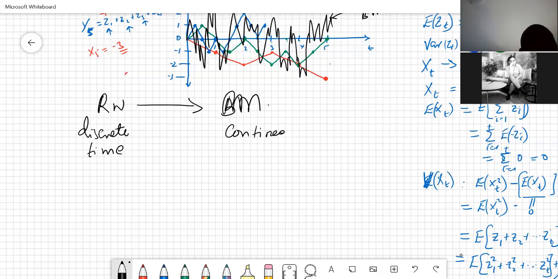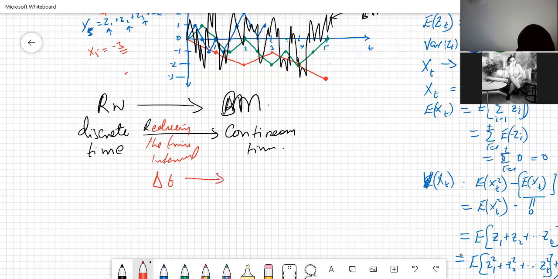So this one happens when you are reducing the time interval, i.e., when the change in time goes towards 0.